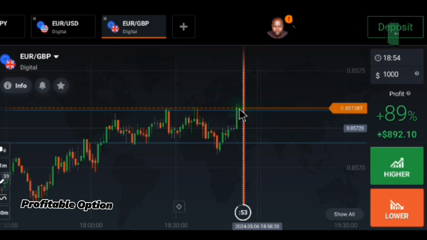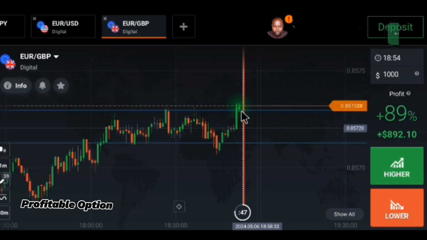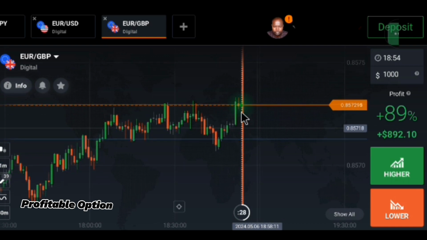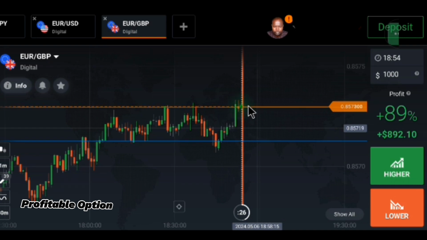Now the close of this candle will determine whether it will continue to go up or it's going to come back into this ranging area. Okay, so we have to be patient to wait to see the outcome of the formation of this candlestick. All right, so it's coming back in. Okay, so I will not place any trade here, just have to wait to be sure it has really broken out.